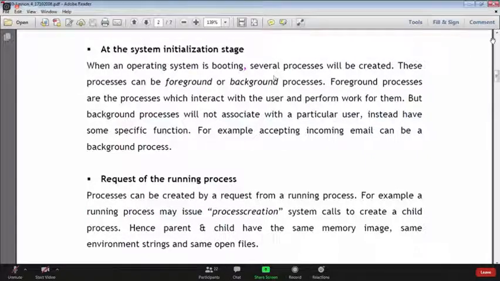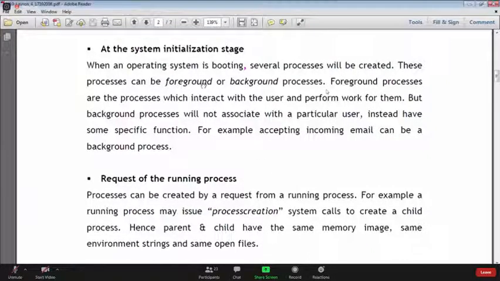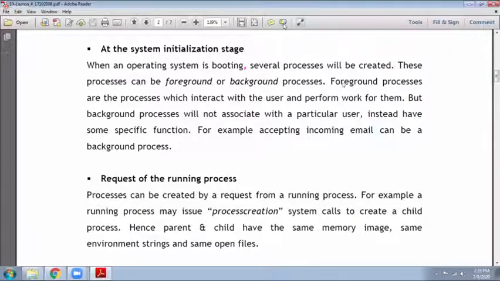You can see, no? So you can highlight those keywords, foreground, background. Unfortunately, I cannot highlight here. Let me see. Now you can see, no? Right?